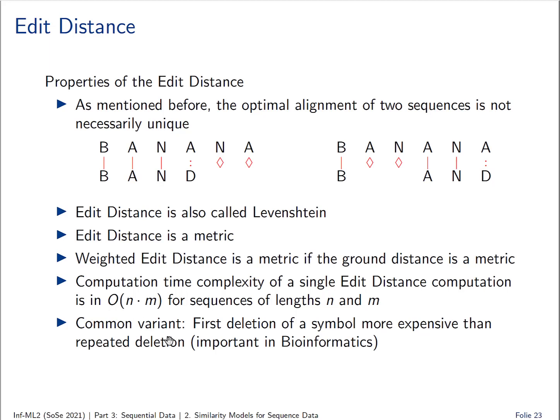And we had this common variant, especially in bioinformatics, that the first deletion of a symbol is more expensive than a repeated deletion. So you can also model that with a ground distance. In that case, the ground distance is not a metric anymore, and then the corresponding edit distance variant is also not a metric anymore. But very often you don't care whatever about the metric property.